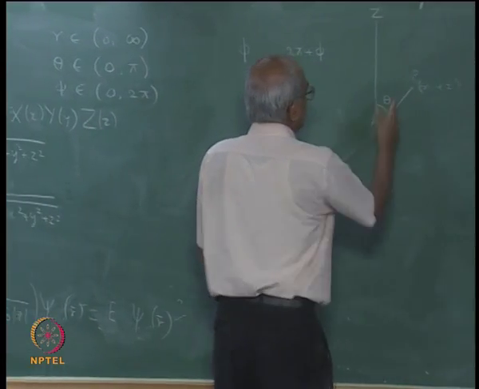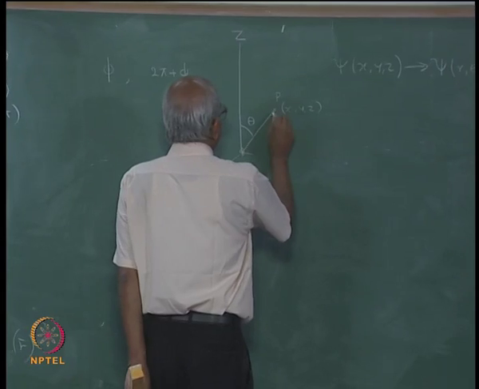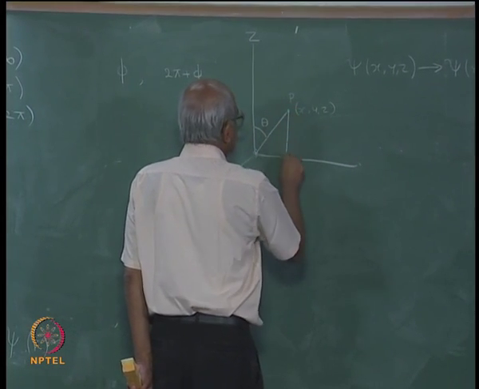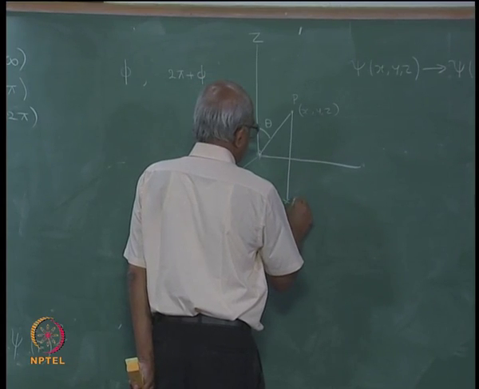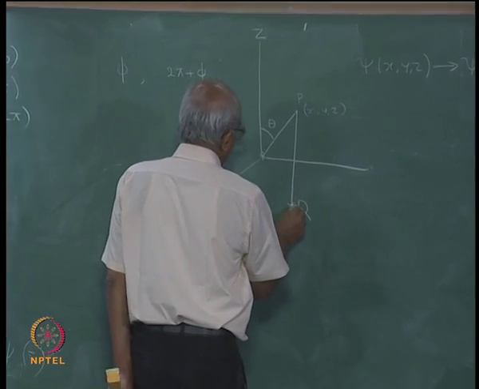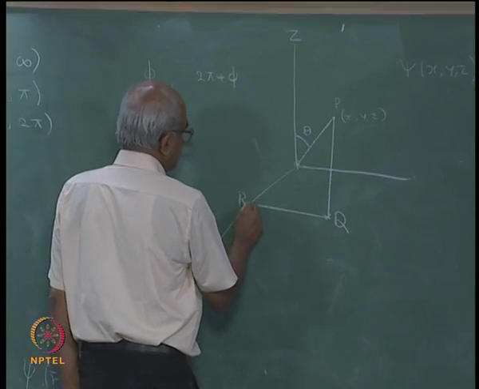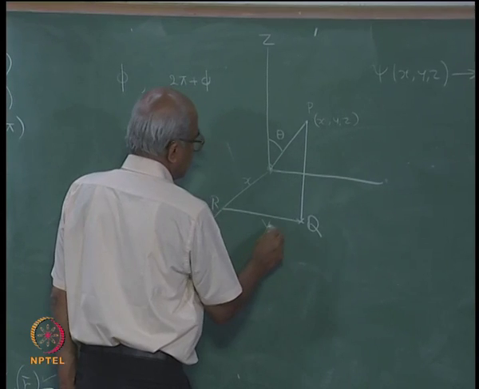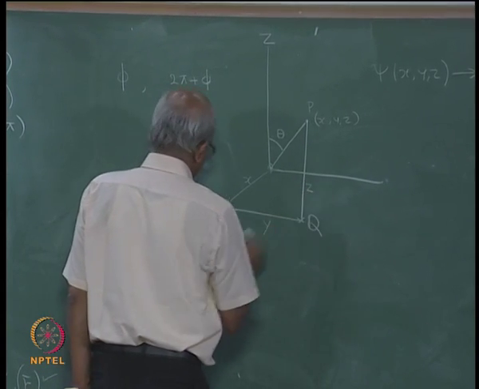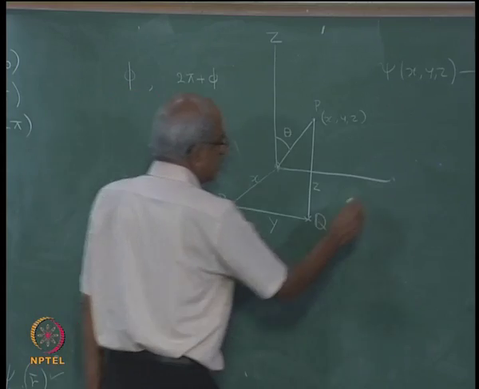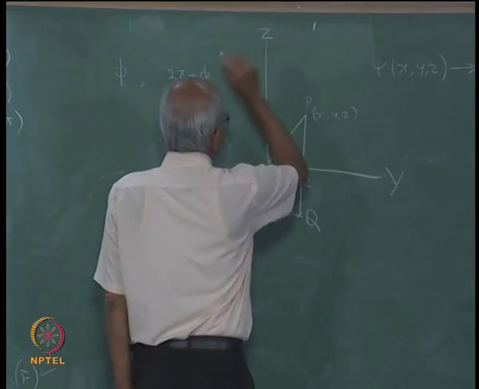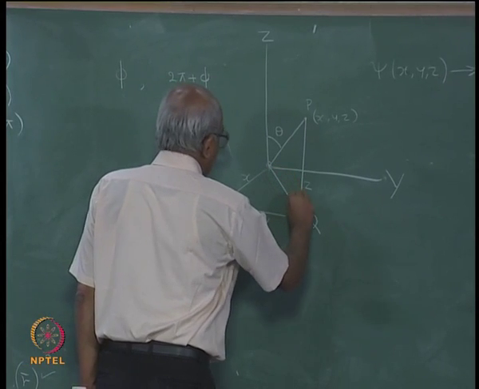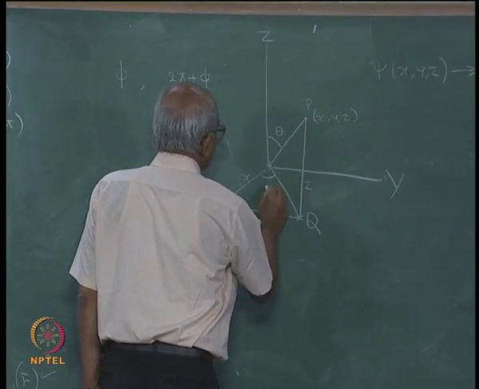Well, this is my point P, and if you remember, I will just mark the coordinates here. This is PQ and that point is R. This distance is x, this distance is y, and that is z, capital X, capital Y and capital Z. And this angle is phi.